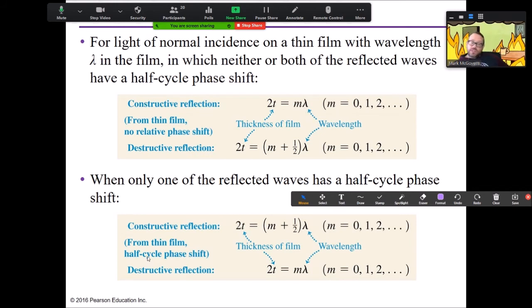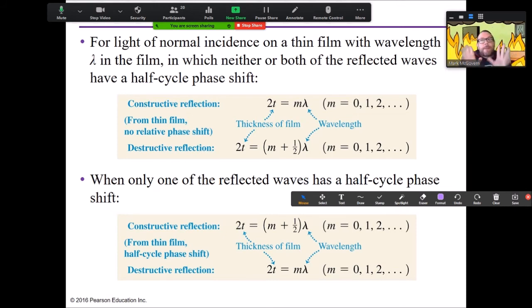But if we do experience a relative phase shift, then the equations have to switch. I say relative phase shift because either one can go through the phase shift. Depending on what the boundaries are, you need to work out what each ray of light, the one that reflects off and the one that refracts through, experiences at every single boundary. Then in the problem, you ask, do I have a relative phase shift or not?